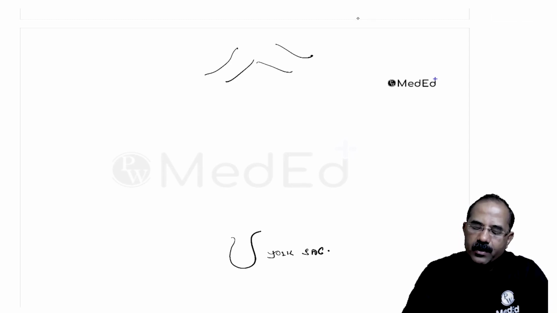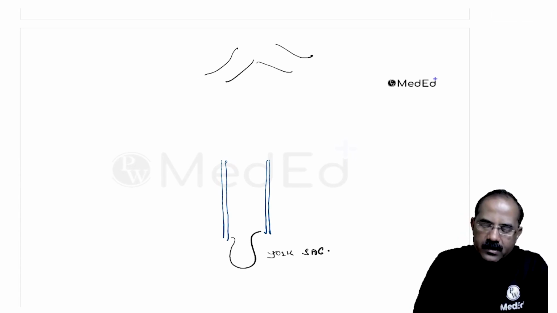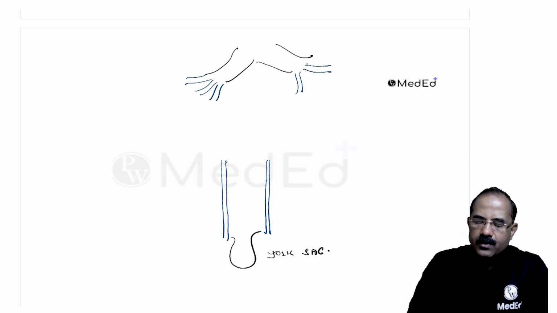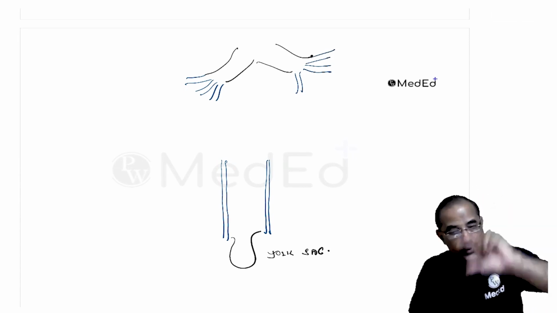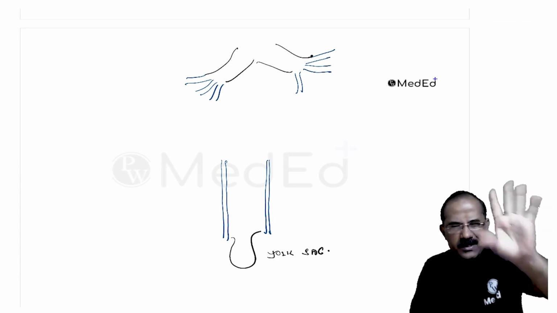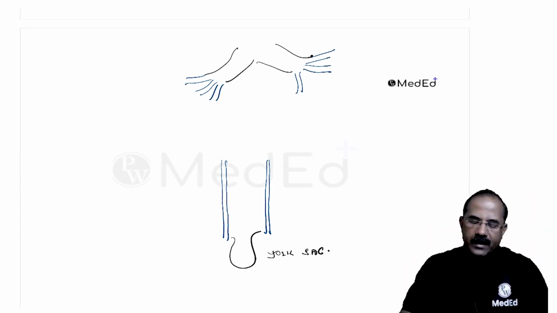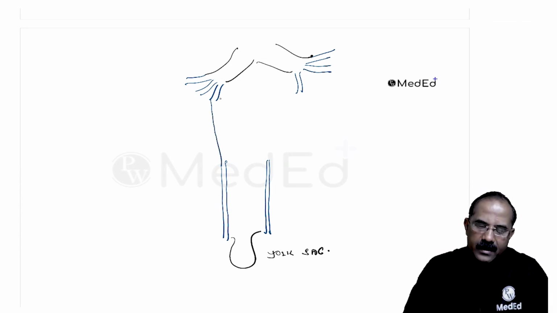This is one vitelline vein on this side, and as these vitelline veins are going towards the sinus venosus, ये कौन है? Sinus venosus है ना? They're going towards the heart.